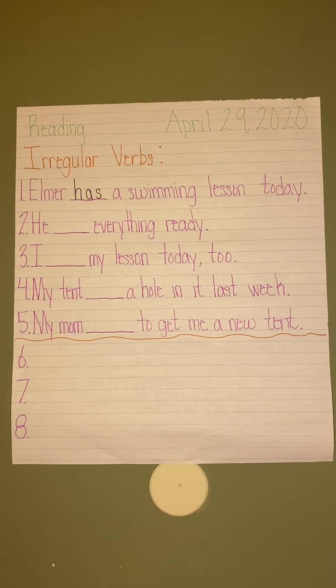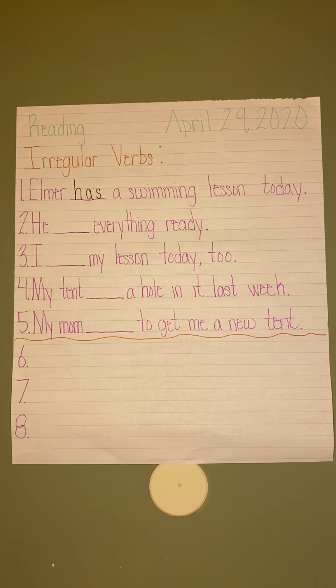All right, now let's look at number 2. Number 2 says, he blank everything ready. Would it be he have everything ready or he has everything ready? Which word best fits the sentence? Is it has or have? If you chose the word have, you're close but not quite. Let's try again.